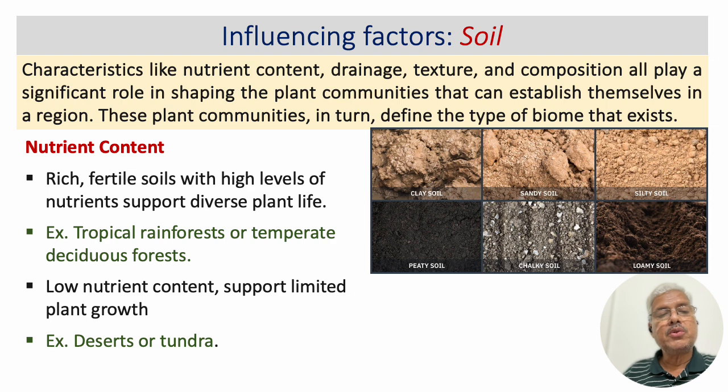With reference to the nutrient content, rich fertile soils with high levels of nutrients support diverse plant life, leading to biomes like tropical rainforests or temperate deciduous forests, whereas low nutrient content support limited plant growth like those found in deserts and tundra.